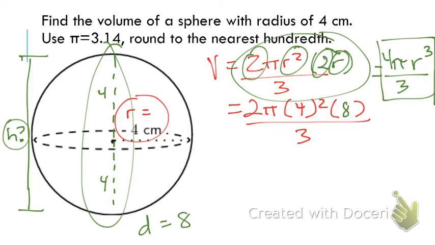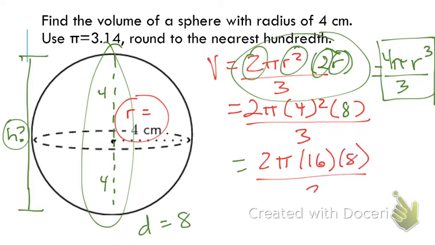But again, I like to keep it simple. Why not just know one formula, which is a formula for the cylinder, and then multiply it by 2/3, right? So let's just solve this. I'm going to get 2 pi times 4 squared is 16 times 8 all over 3. It does say round to the nearest hundredth, so we're not going to leave this in pi form.